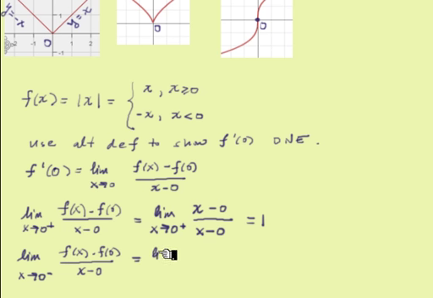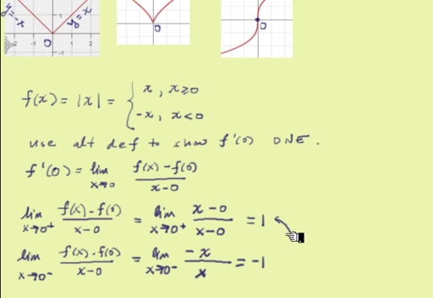Okay, so that's equal to, just substitute in on the left, the function is minus x, so we're going to put a minus x here. Minus x minus 0, I'm going to leave out that 0. In the denominator we have x minus 0, I'm just going to write x. So we have minus x over x, which is equal to minus 1.